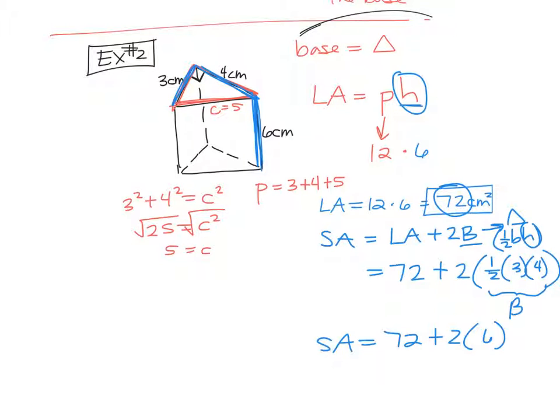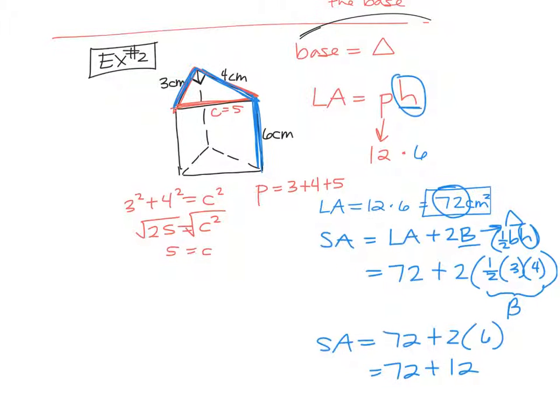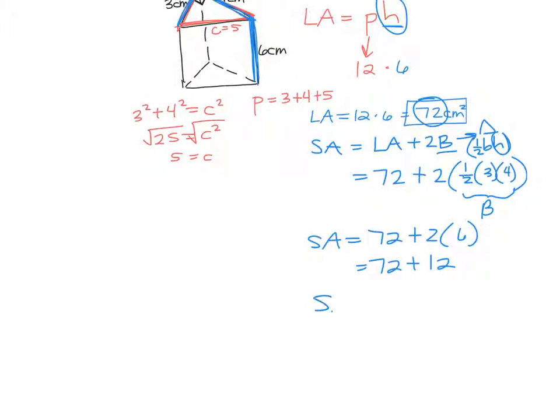Okay, so the area of the base is 6. We need to multiply that by 2. So 72 plus 12, which means we have a surface area of 84 square centimeters. Okay? Questions on that?